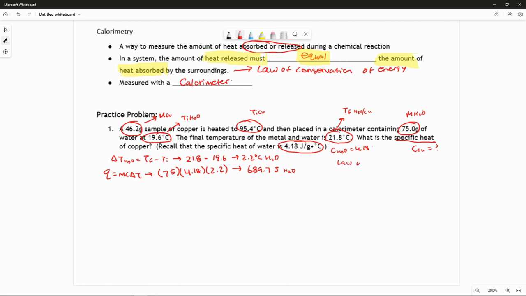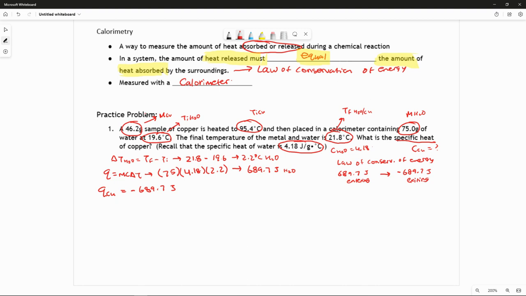The law of conservation of energy states that if you have 689.7 joules of heat entering, because it's positive, then you're going to have negative 689.7 joules of heat exiting. You cannot create or destroy energy, so this must always be zero. If you enter 689.7 joules, you must exit with negative 689.7 joules. So then we know that the Q value of copper must be equal to negative 689.7 joules. That is our Q value, heat value for copper.